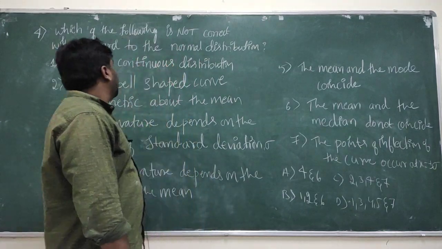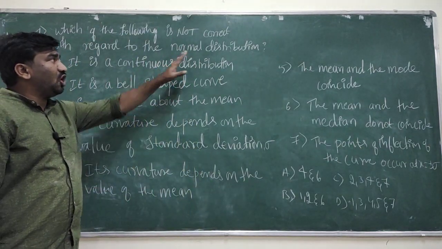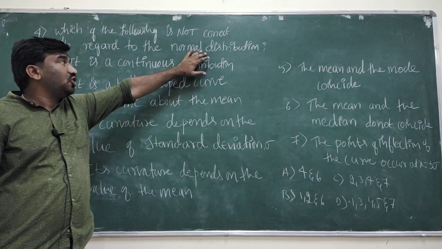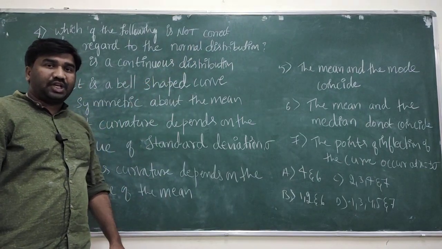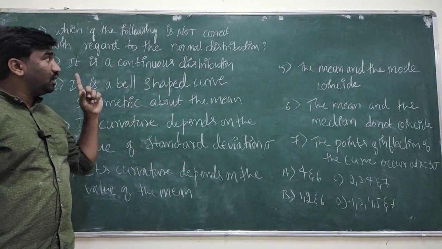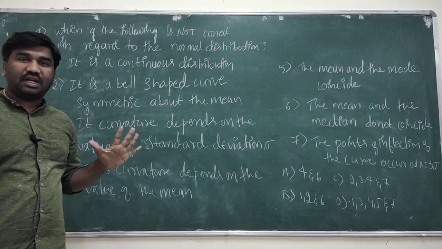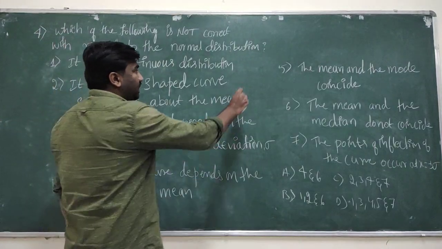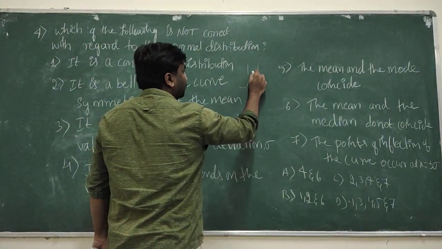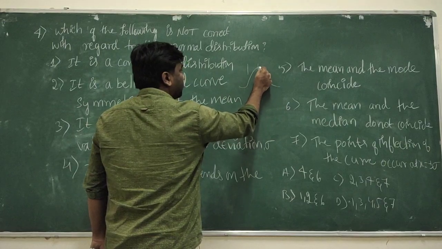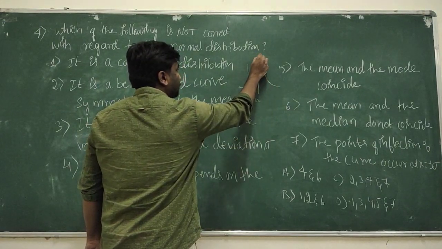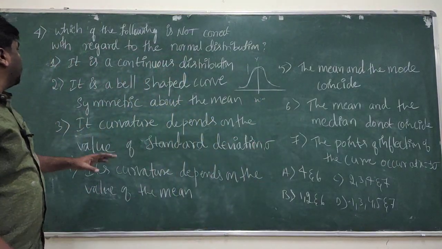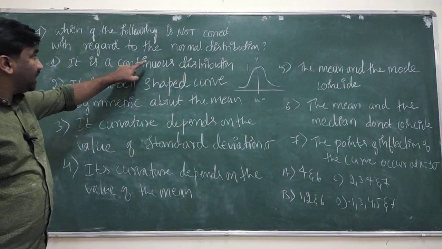Actually, these are all the properties of a normal distribution. Normal distribution is nothing but a probability distribution, or we can also call it a Gaussian distribution. In the Gaussian distribution, the curve is symmetric, and it is also a bell-shaped curve, and this is x and this is y. And actually it is a continuous distribution.